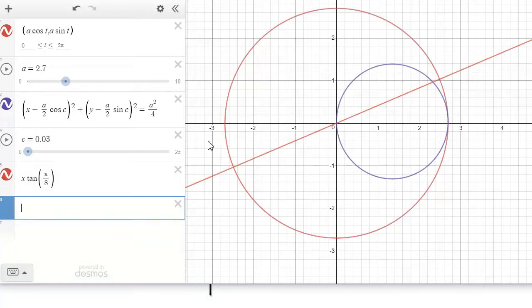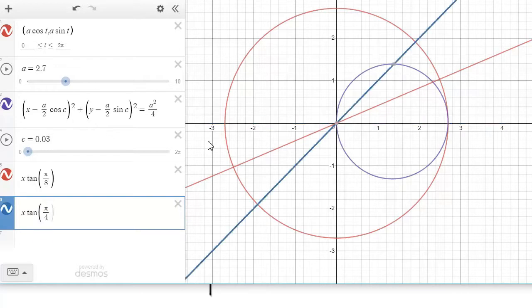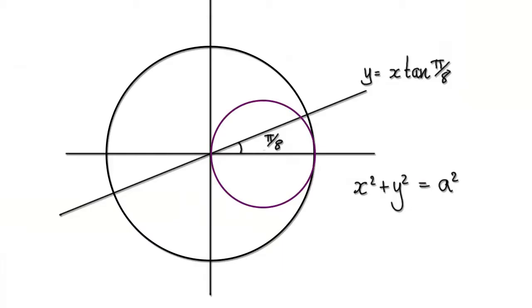So let's do our other line. This line here, tan. The one that goes through 45 degrees would be pi over 4, and then close it off. And then if you want to draw this line, you've got one going at 45, and then you've got another one here.